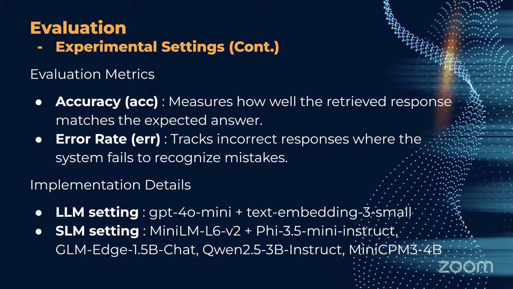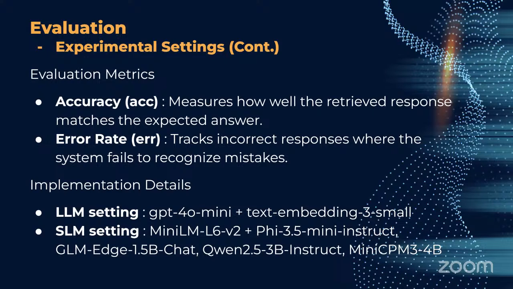Thank you. So the question is, how do we measure whether a RAG model is doing a great job? We're using accuracy and the error rate. Accuracy tells us how often the model gets the right information, and the error rate tells us how often the model gets things completely wrong.